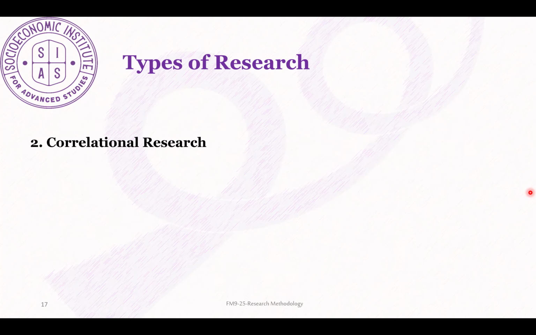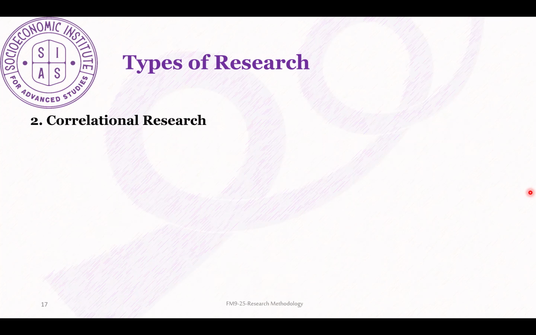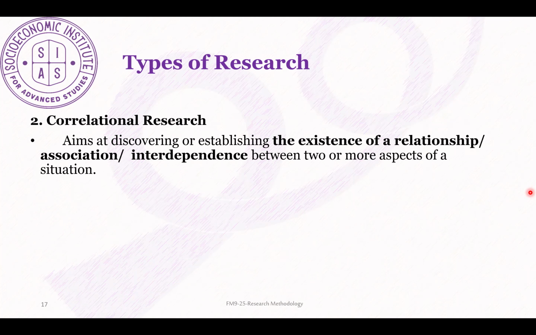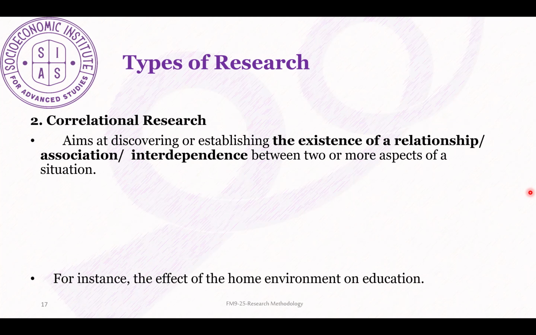The other type of research is correlation research. The correlation research aims at discovering or establishing the existence of a relationship, association or interdependence between two or more aspects of a situation.